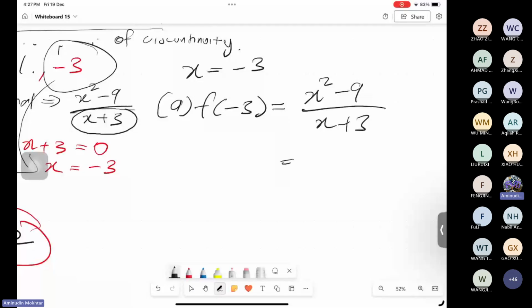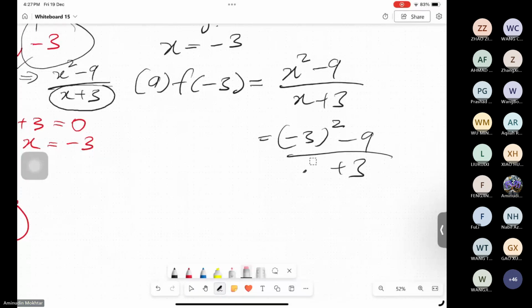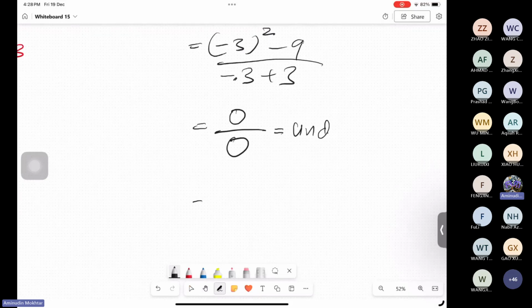This is equal to (-3) squared minus 9 divided by -3 plus 3. The answer is 9 minus 9 is 0, and -3 plus 3 is 0. The value of y is undefined for this case.